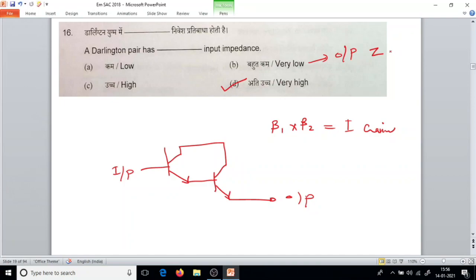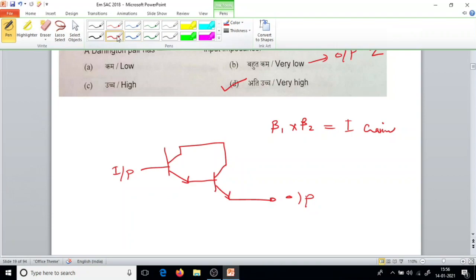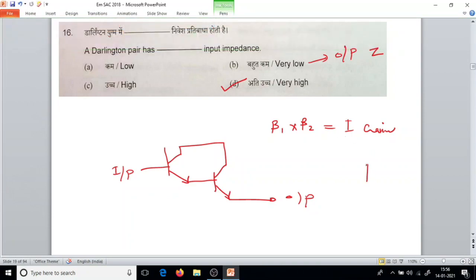Why? These Darlington pairs you will use as buffers. All buffers should have low output impedance and high input impedance. Why high input impedance? Because from the previous circuit, I should draw very low current. And the output side will have the loads. I will tell you so that you will remember. If you have a speaker, this speaker will have almost 8 ohm or 4 ohm.